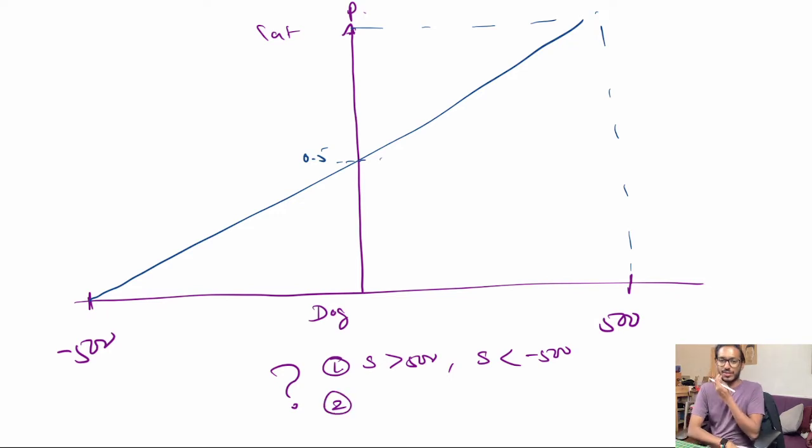The second problem is, imagine we had an image up here which scored 500. So now we made a slight change to the photo, and now it's let's say 490.